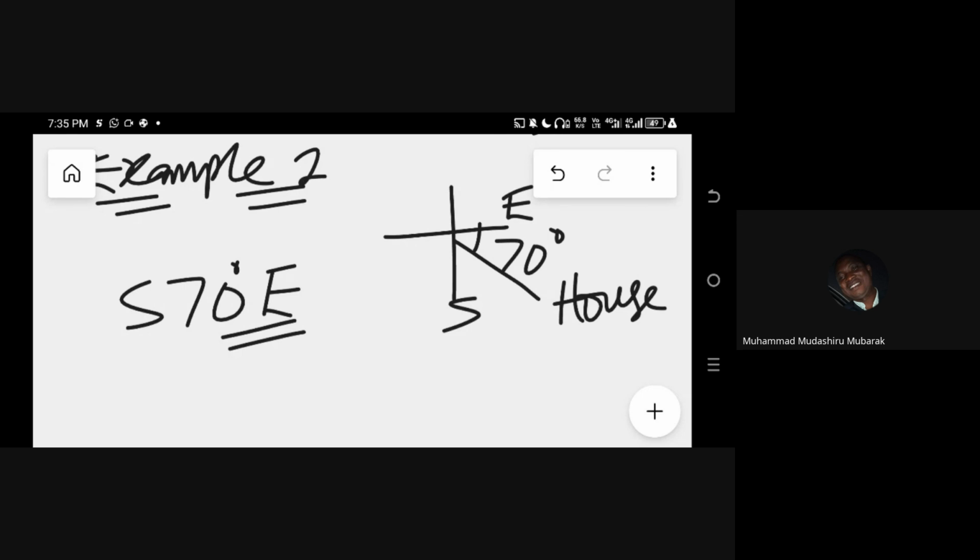I had to pretend as if this is correct to see your reaction, but you didn't make any plan to change. Do you want to try again, Mubarak, for this answer? The southeast is correct, but the 70 degrees is not correct.